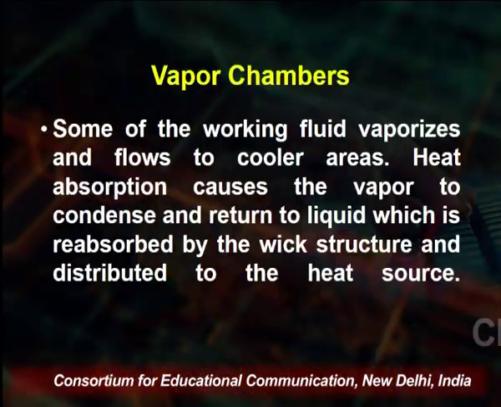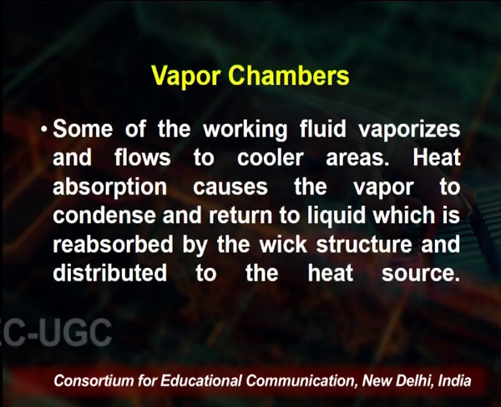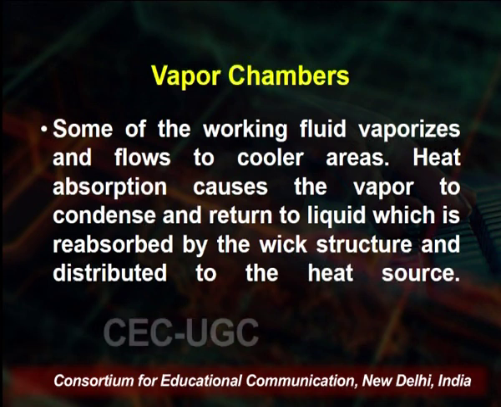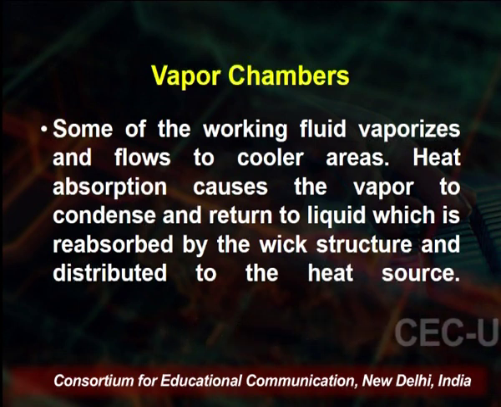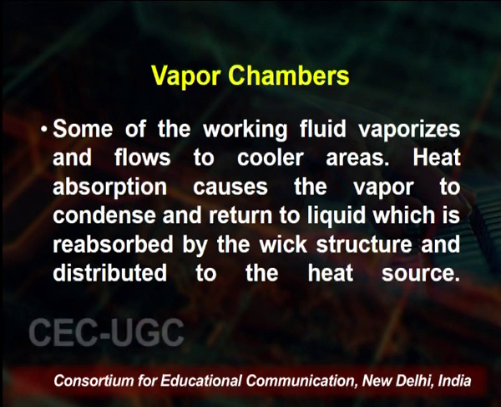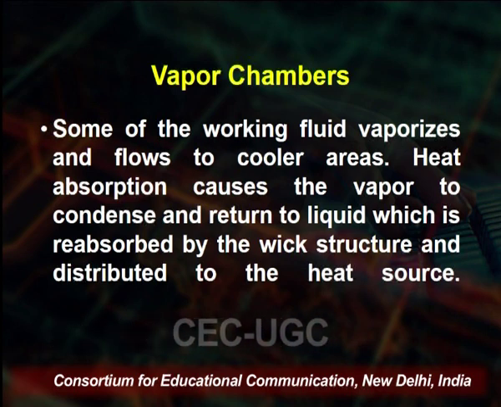Some of the working fluid vaporizes and flows to cooler areas. Heat absorption causes the vapor to condense and return to liquid, which is reabsorbed by the wick structure and distributed to the heat source. In this way, it cools the device.